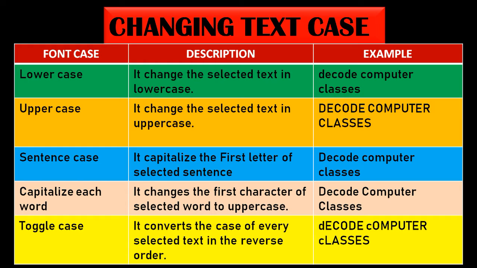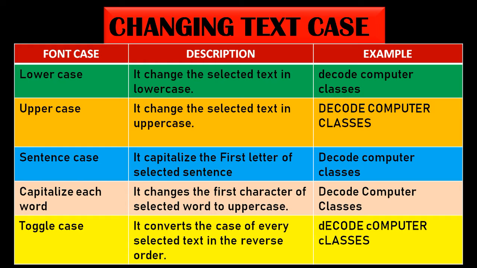Sentence case capitalizes the first letter of the selected sentence. Only the first letter of the selected sentence will be capitalized. Now capitalize each word: it changes the first character of each selected word to uppercase, meaning every word's first letter will be changed into uppercase, right?